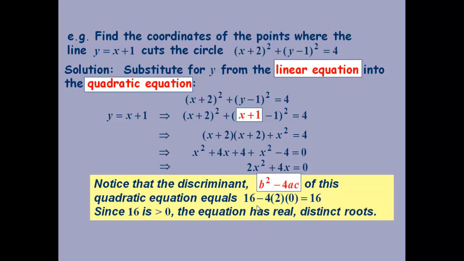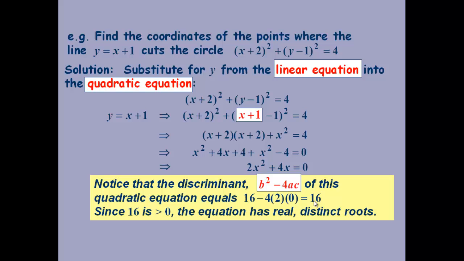Observing the discriminant, we can see in this form we've got our a value is 2 because it's ax squared plus bx, so our b value is 4, and we haven't got a c, have we? So c is 0. So here we've got b squared minus 4ac.